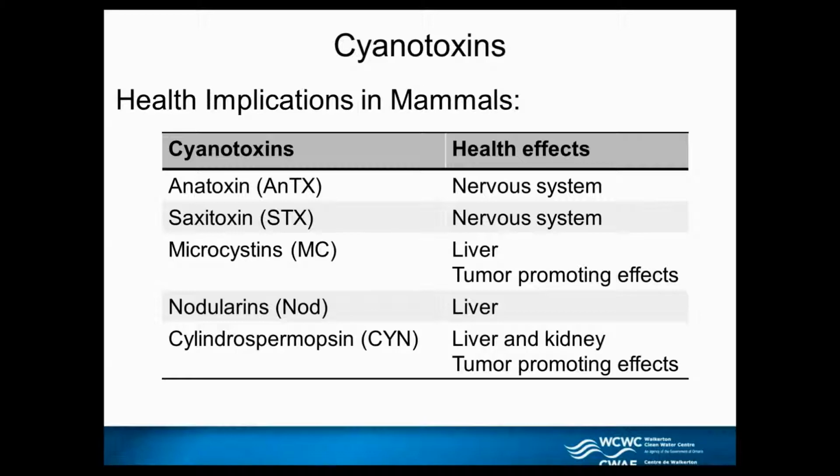Nodularin is another one that can affect the liver, and cylindrospermopsin is one that can affect the liver and kidneys and also has tumor promoting effects. According to the new Health Canada guidelines, anatoxins, microcystins, and cylindrospermopsin were the key ones that were looked at. They're more common in what you'd find in Canada.